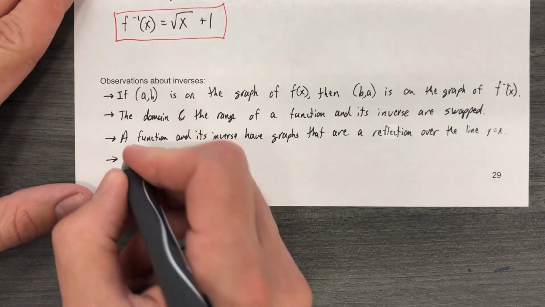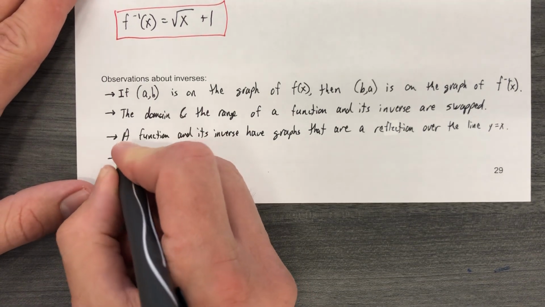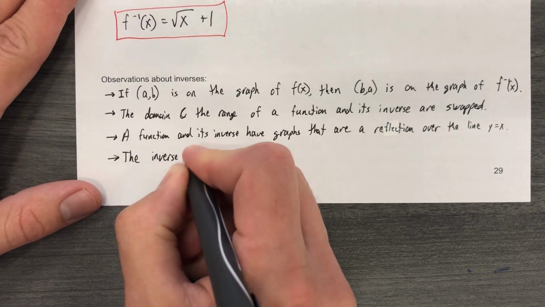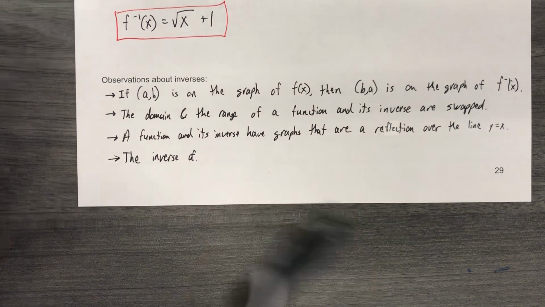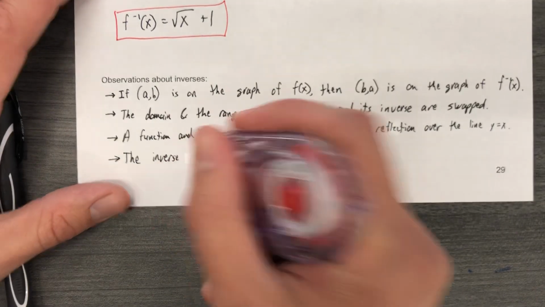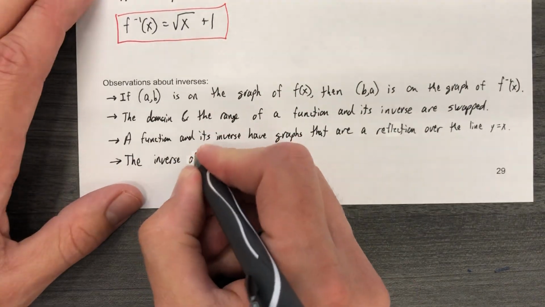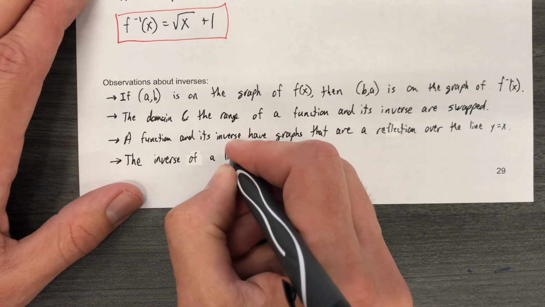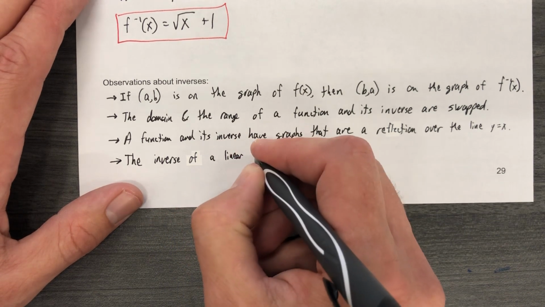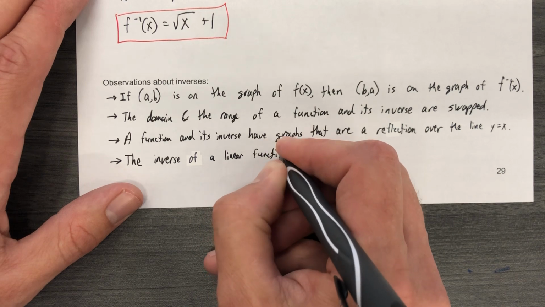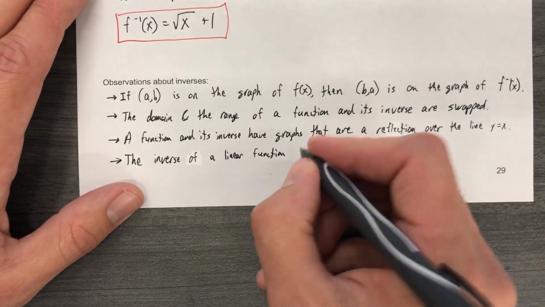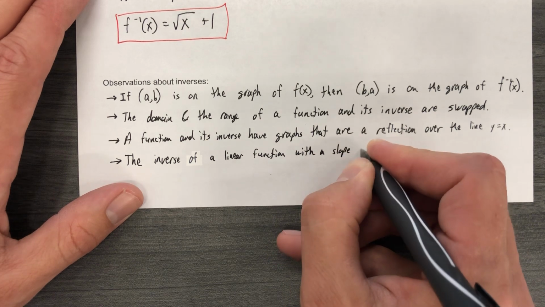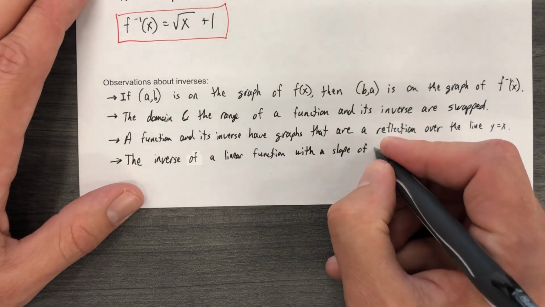The inverse of a linear function with a slope of, well, we use m for slope, so we'll do that.